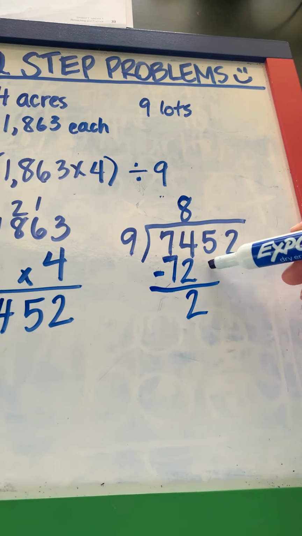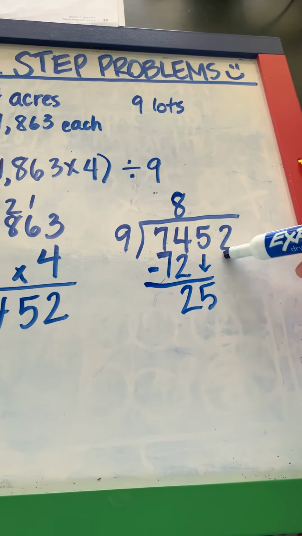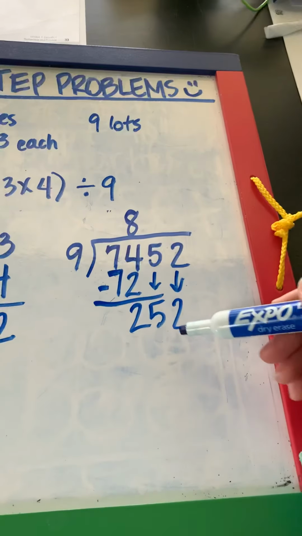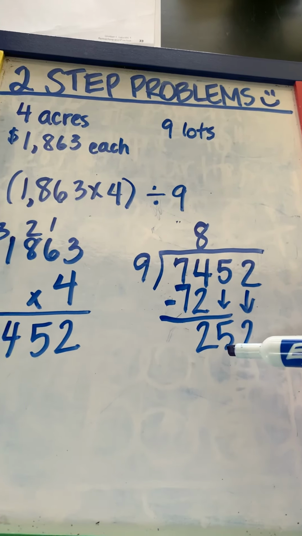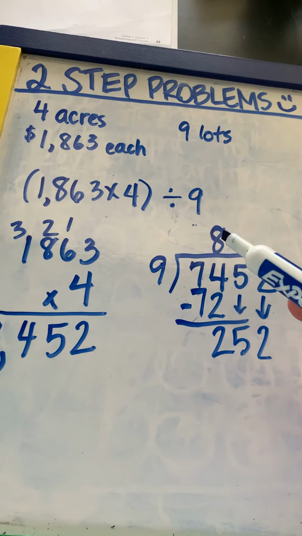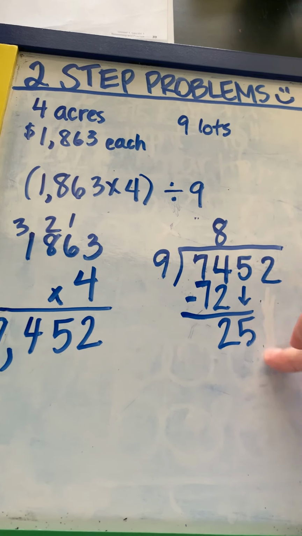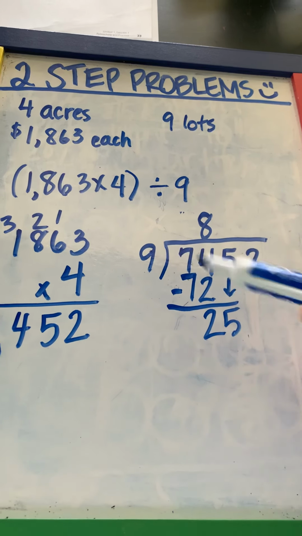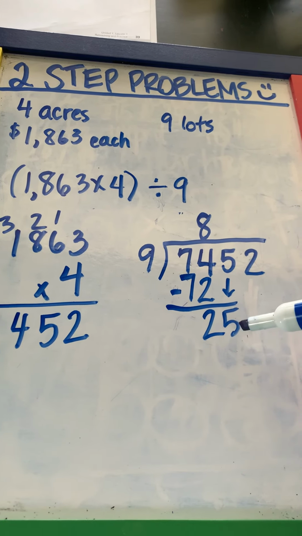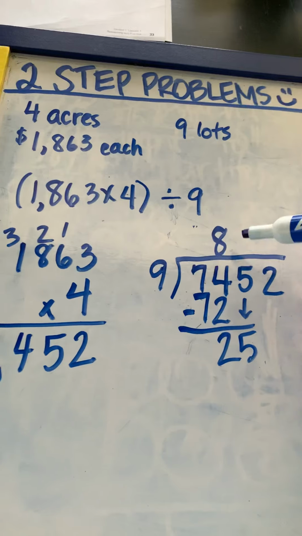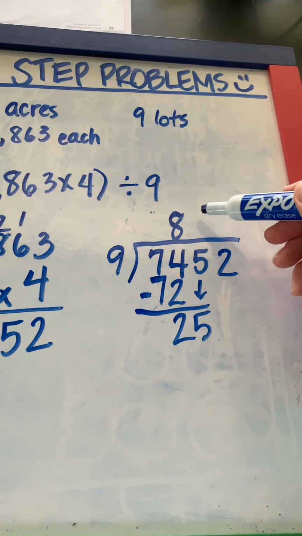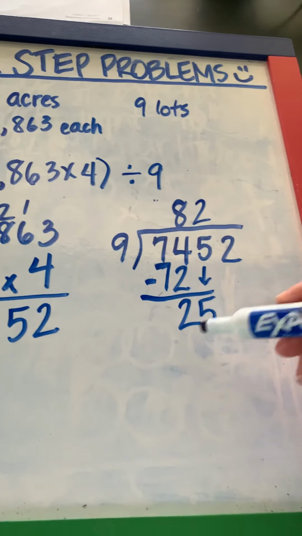Then remember, you bring down the other 2 numbers. And then you think, what can I multiply times 9? Oh, wait. No, I made a mistake. Sorry. What can I multiply times 9 to get close to 25? Well, I know 9 times 2 is 18, 9 times 3 is 27, so 9 times 2 would work.